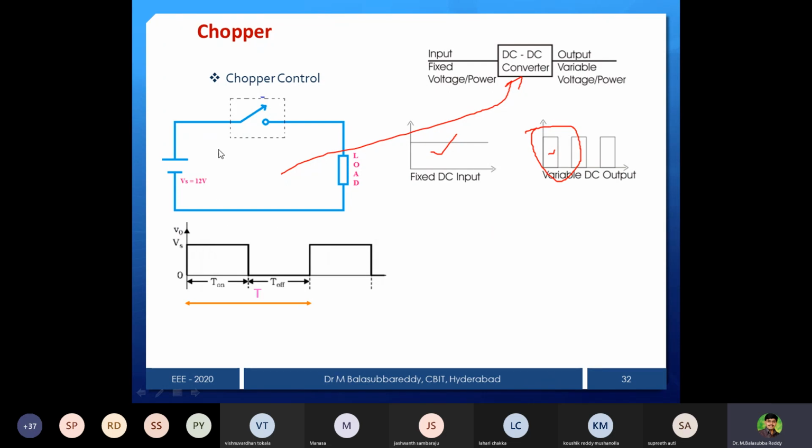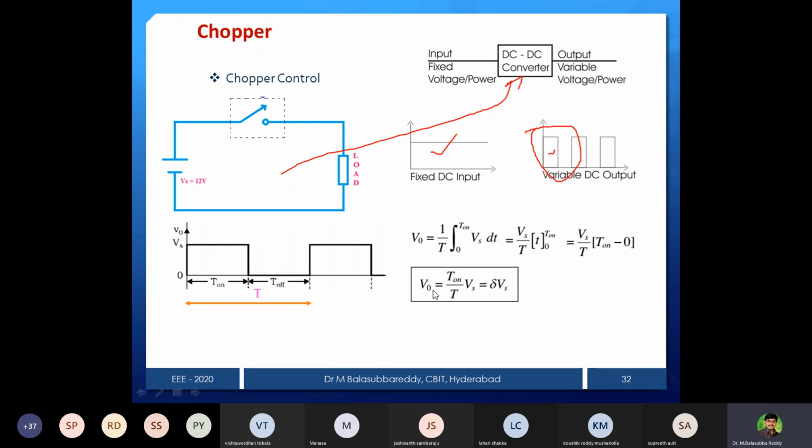Input is Vs, and if it is on, the output is the same as the input. If it is off, the output will be 0. So the total time is T. You just integrate this, and you will get Vs into delta. Change the delta, and you get a variable voltage.